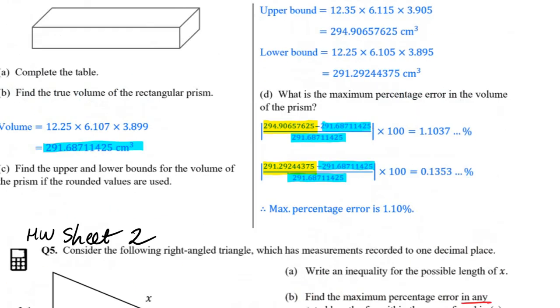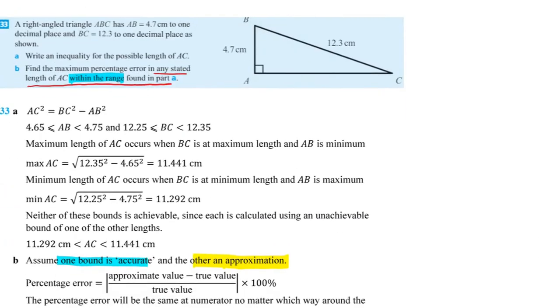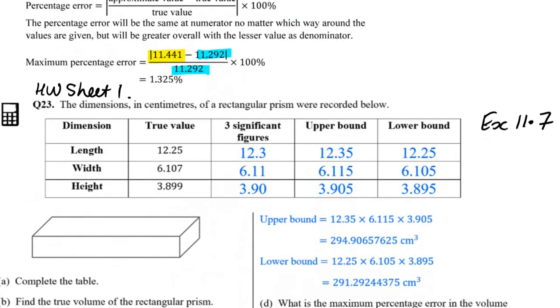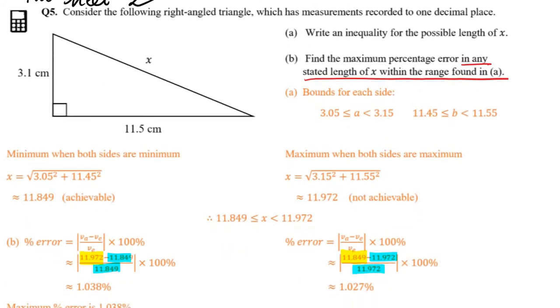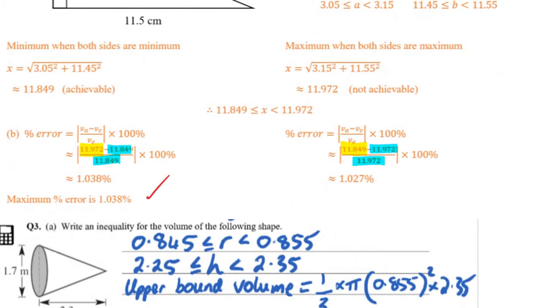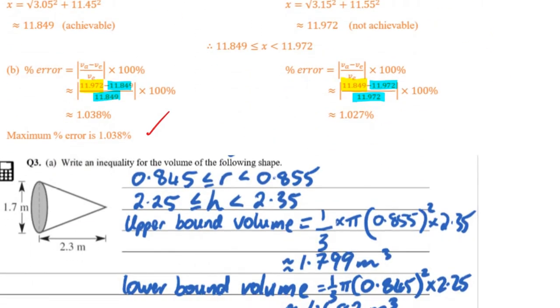So this one is just like question 33 because of that phrasing, in any stated length of AC within the range found in A. So, in terms of, do I need to correct these homework sheets? No, I don't. That one's correct. Alright, the purpose of this video is to go back over the language and just to reteach these concepts because I don't think I had them clear.